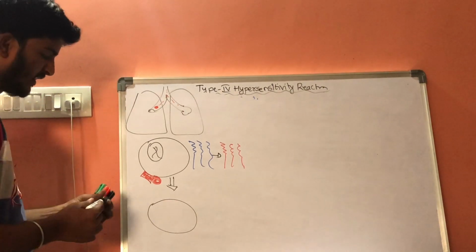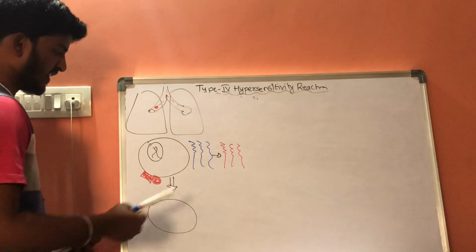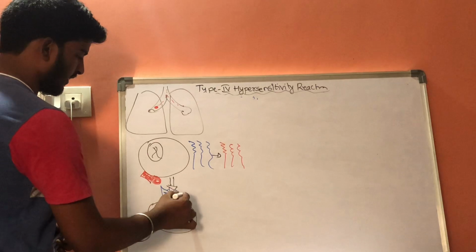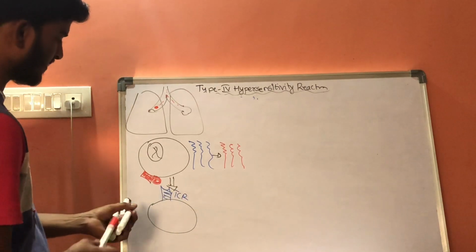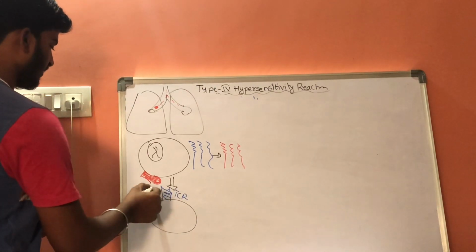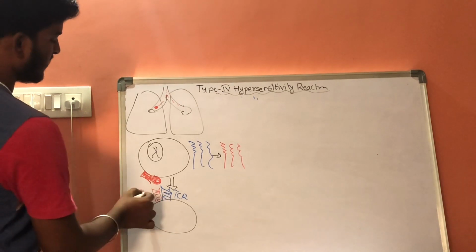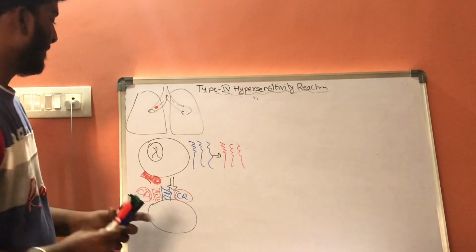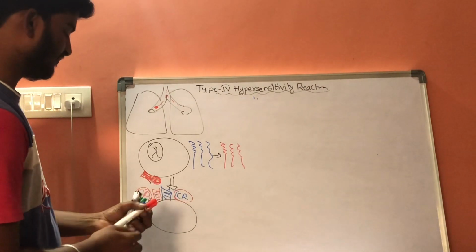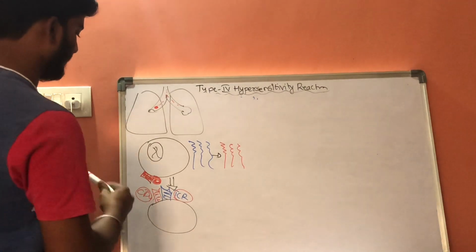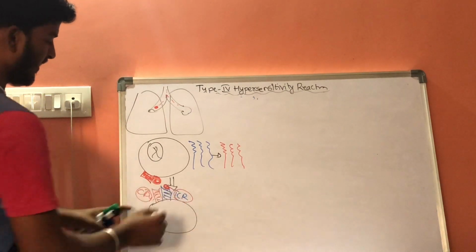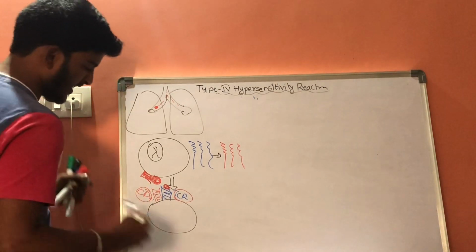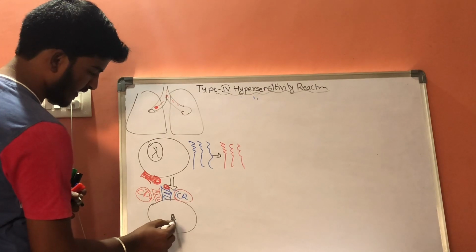A T helper cell consists of T cell receptors, TCR, and CD4 markers. When the T cell receptors bind with the TB antigen, and CD4 binds to the MHC class 2 proteins, it will activate the genetic material.